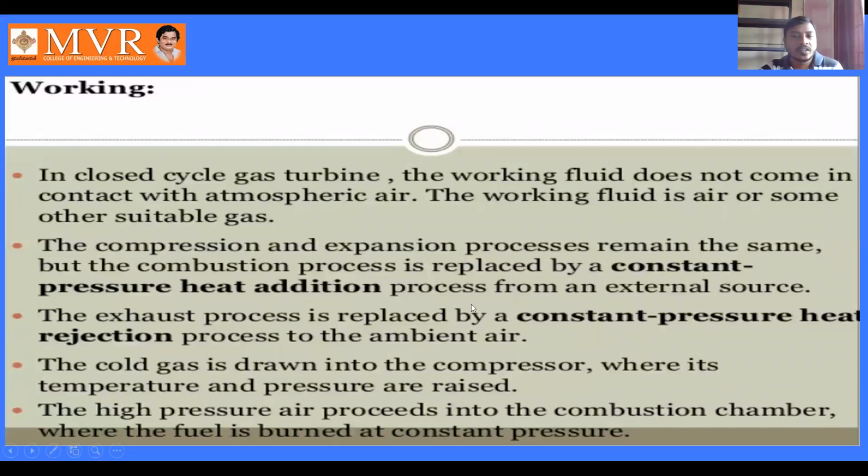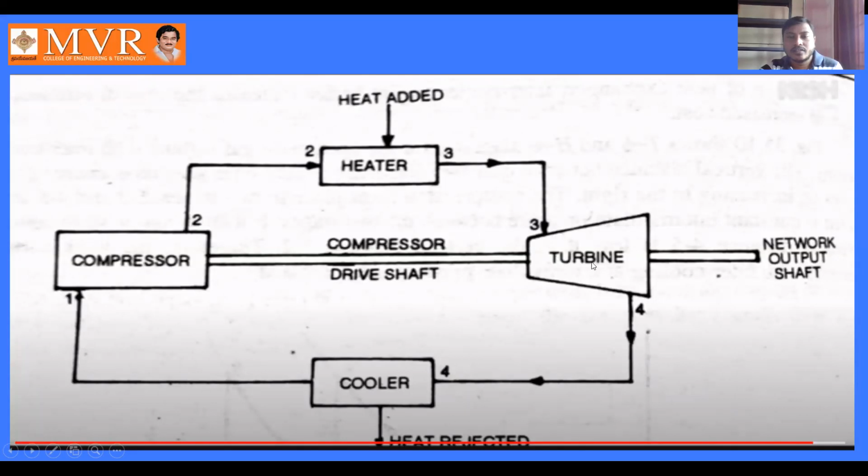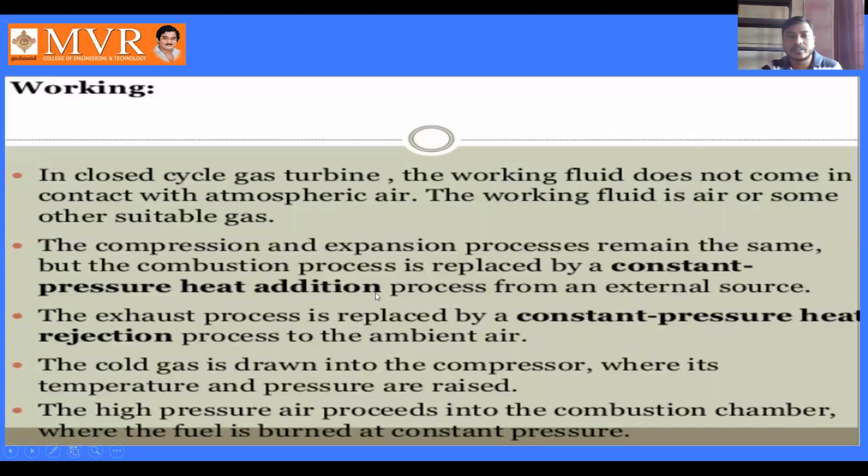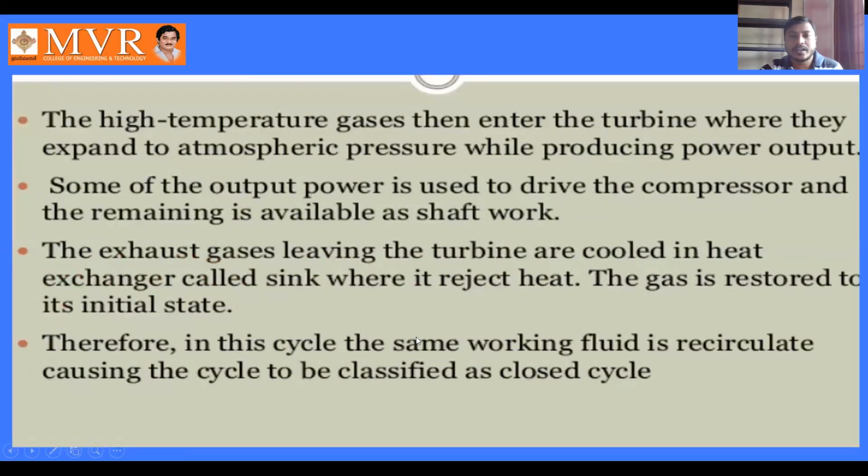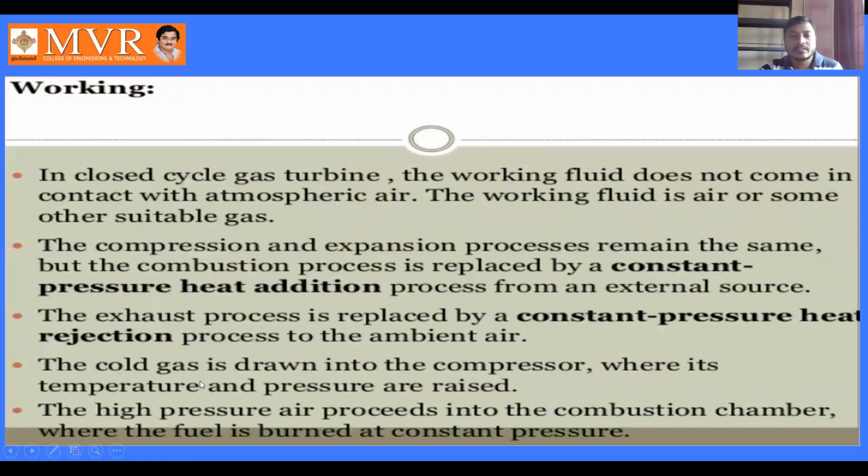The heat is added from an external source. The exhaust process is replaced by a constant pressure heat rejection. See here, the heat which is going to be rejected: the exhaust process is replaced by a constant pressure heat rejection process at the ambient air, and the cold gas is drawn into the compressor, where its temperature and pressure are raised.